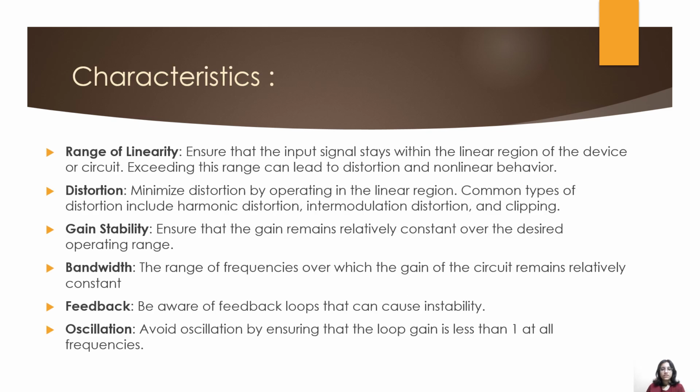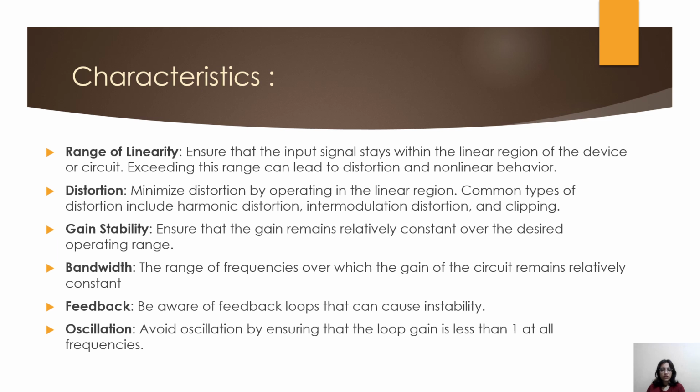Now let's see some of the characteristics of small signal analysis. Range of linearity. Ensure that the input signal stays within the linear region of the device or circuit. Exceeding this range can lead to distortion and nonlinear behavior. Distortion. Minimizing distortion by operating in the linear region.